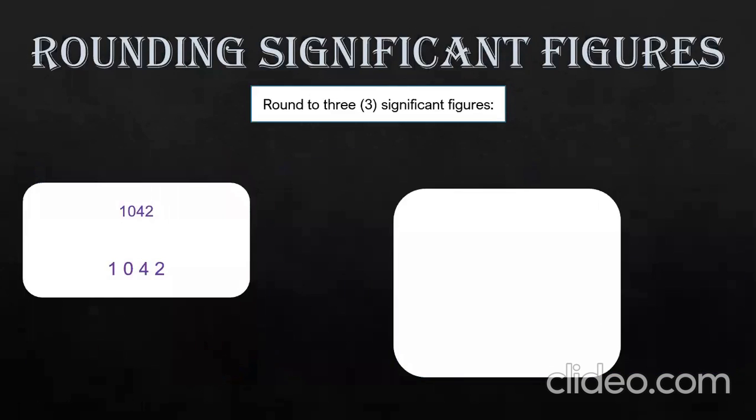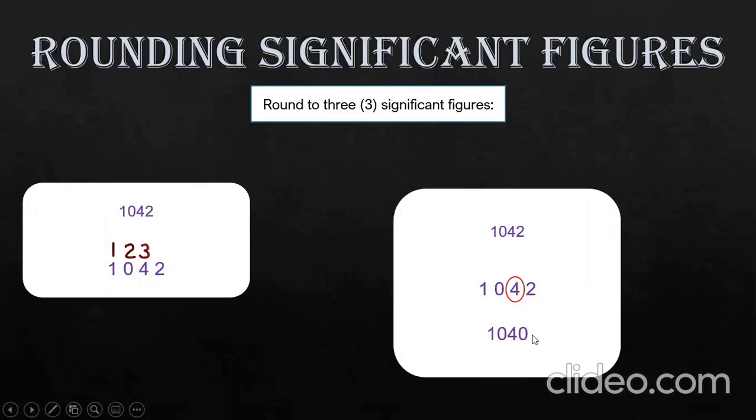Let's look at another example, 1042. Again, we're writing this to 3 significant figures. So we count 1, 2, 3. Notice 4 is in the third significant position. What comes after the 4 is less than 5. So according to the rule, we will do nothing. What we would do, however, is put a 0 there.